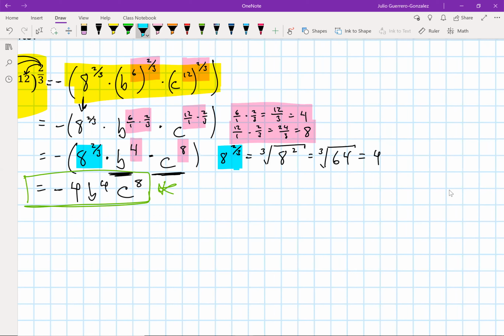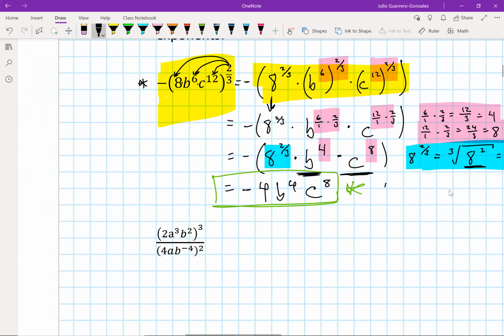That work is all right here. Some of this you might need to do with a calculator, but you got to start getting comfortable with not doing it with a calculator. So 8 squared, I think somebody in here, I think it was Libby said it was 64, she was right. And then you take the cube root of it, and that is 4. And if you round it out, you get this right here.